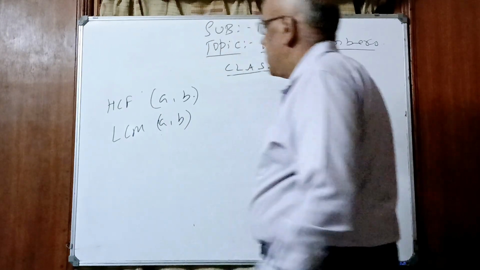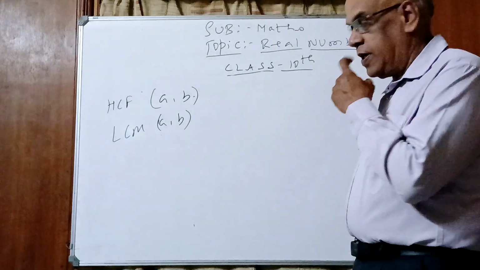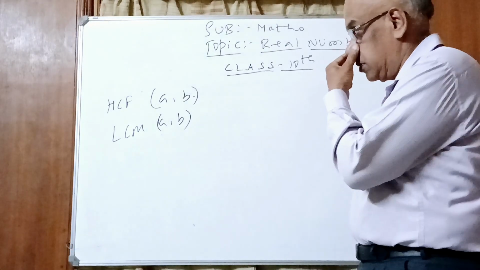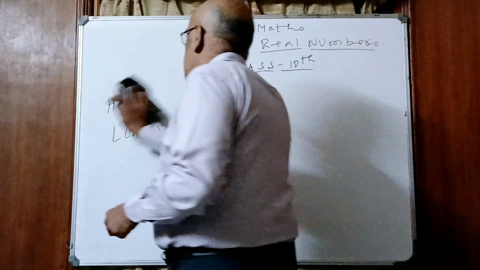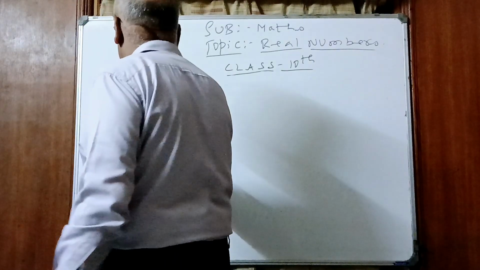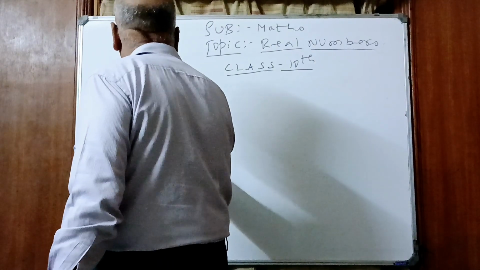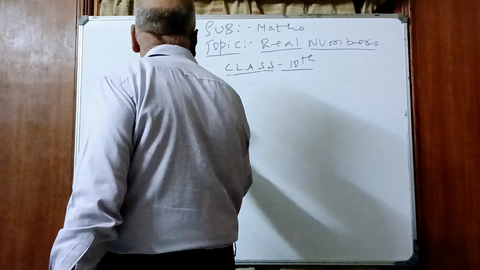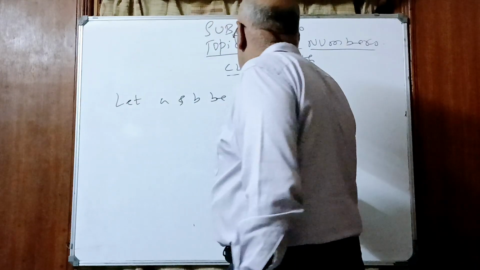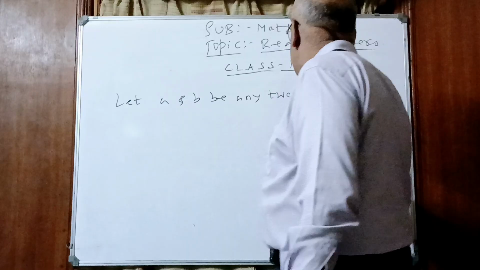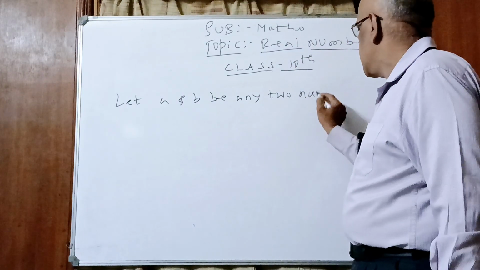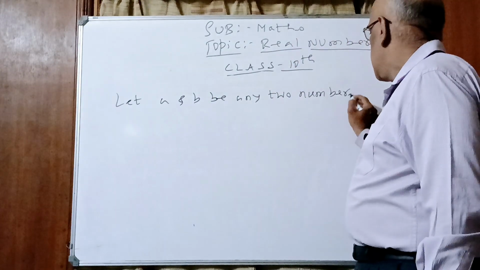For the HCF of A comma B and LCM of A comma B, before that, let A and B be any two natural numbers.